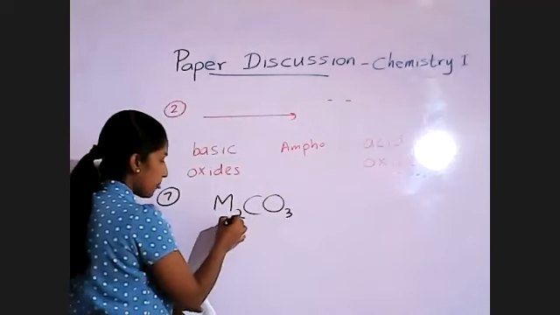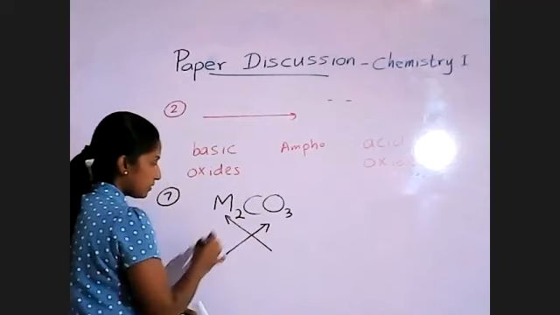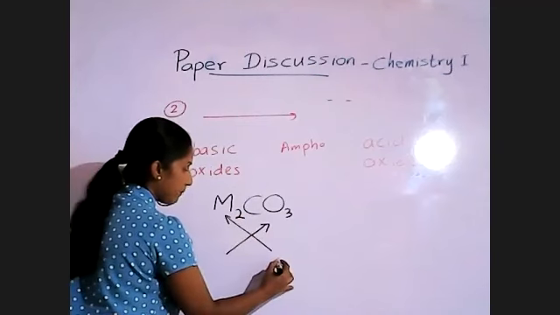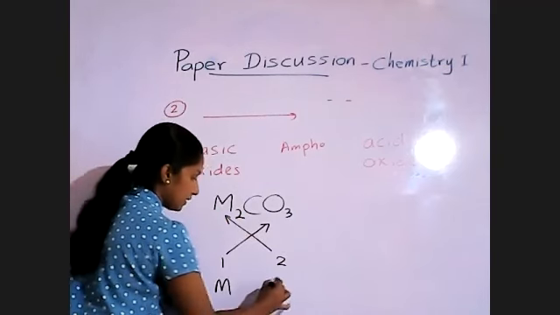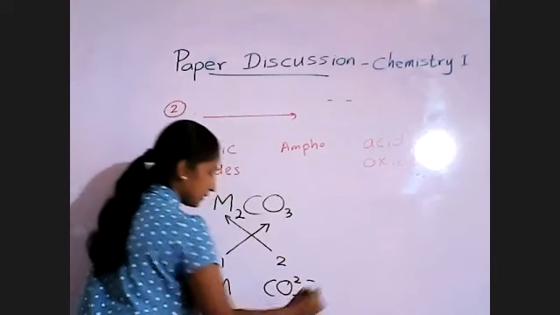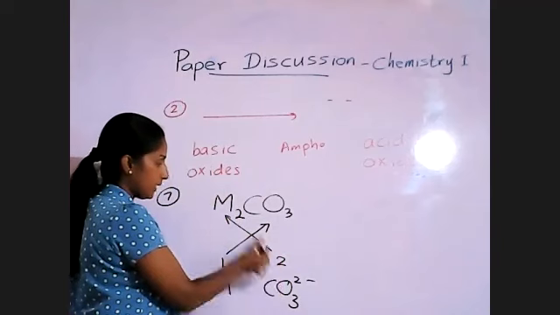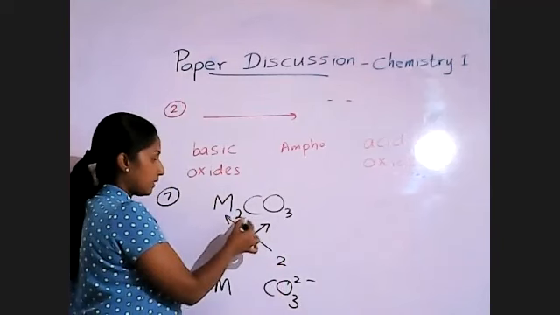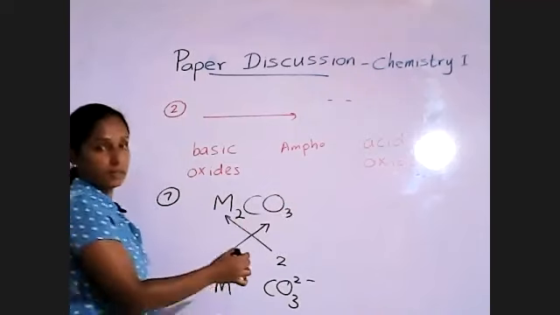So the valency of carbonate is 2 and the valency of M is 1. We know the valency of carbonate is 2, that comes for M, and the valency of M comes for the carbonate, and it is 1.